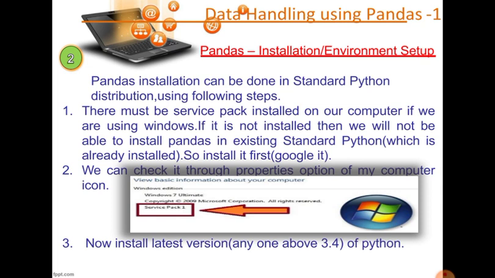If it is not installed, then we will not be able to install Pandas in the existing standard Python, which is already installed. So install it first. We can check it through the properties option of the My Computer icon. Now install the latest version, any one above 3.4 of Python.